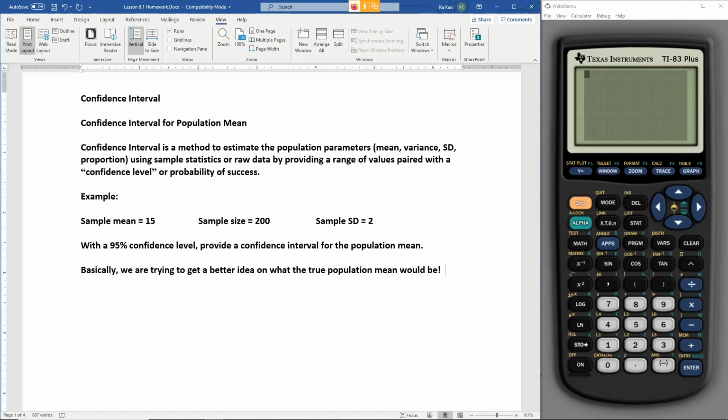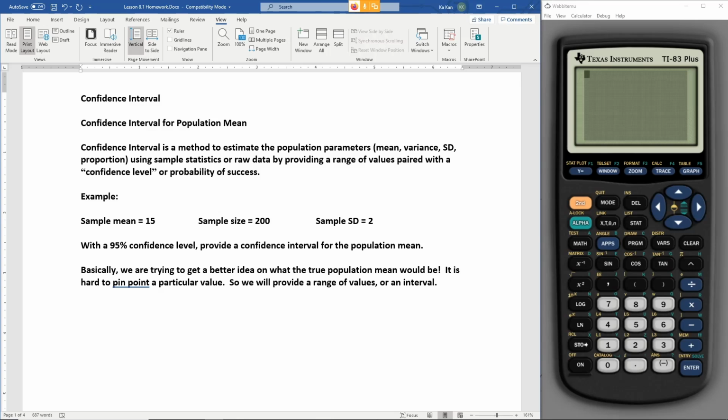But you know that it's hard to pinpoint a particular value. So we will provide a range of values, or an interval. An interval is like, for example, from 10 to 20, from 5 to 20.